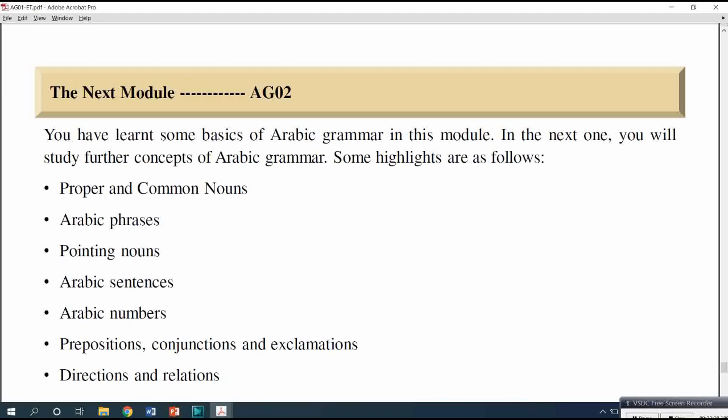Some highlights are available for you: proper and common nouns, Arabic phrases, pointing nouns, Arabic sentences, Arabic numbers, prepositions, conjunctions, exclamations, and direction and relations. So these we will discuss inshallah in the next lecture.